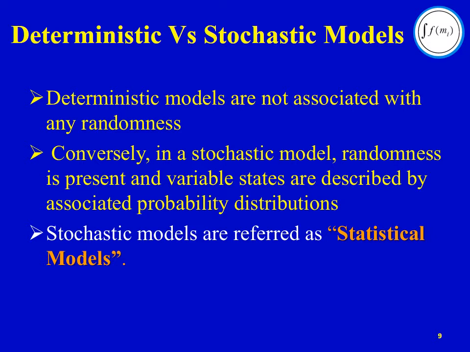And also a model associated with randomness, where variable states are described by associated probability distributions, those models we classify as stochastic models. Mainly the statistical models come under the stochastic models.